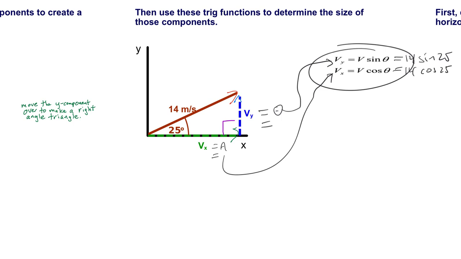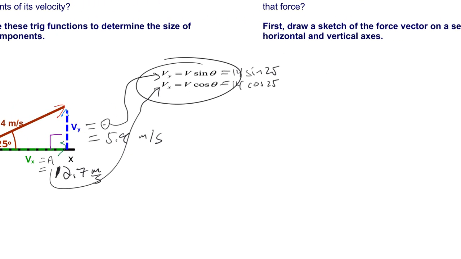So I get the y component is equal to 5.92 meters per second. And then I get the x component to be equal to 12.7. Okay, so I'm sure you can do that on your calculator.